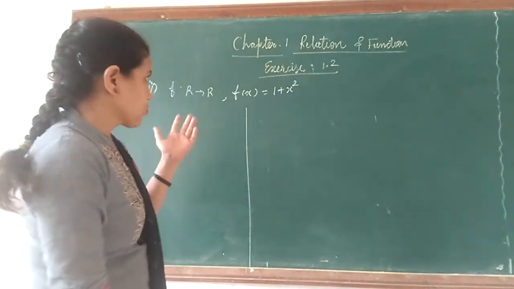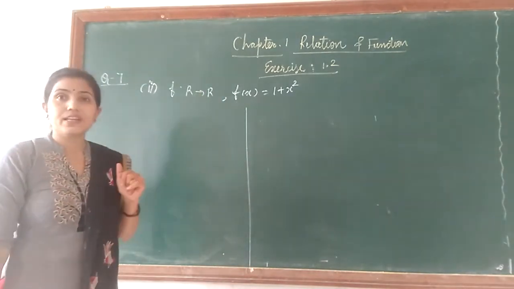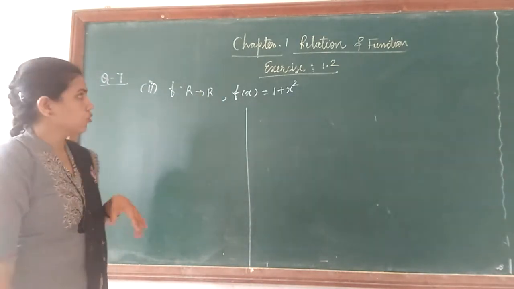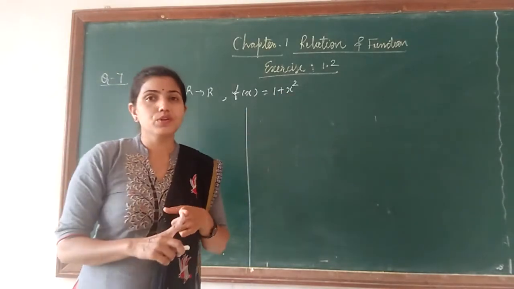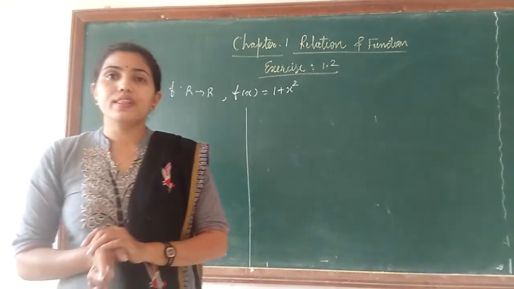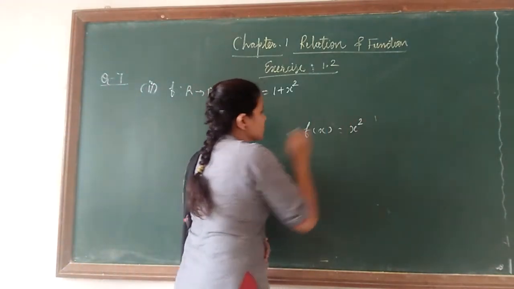Now students, in this question, let me find out something. First, let me check whether it is one-one or not. For one-one, we have seen one question, question number 2 of this exercise, where f of x is equal to x square.